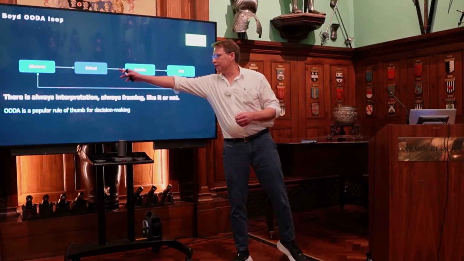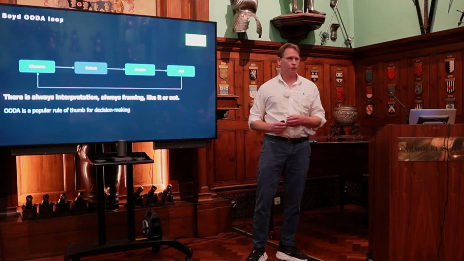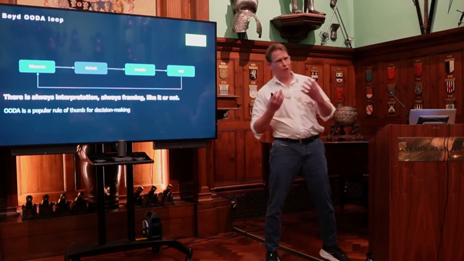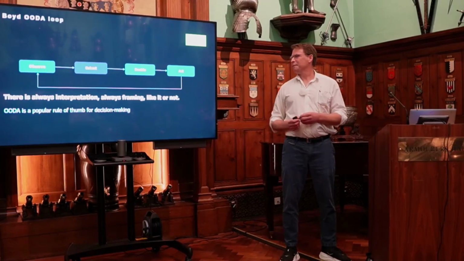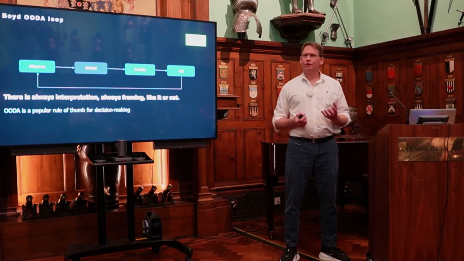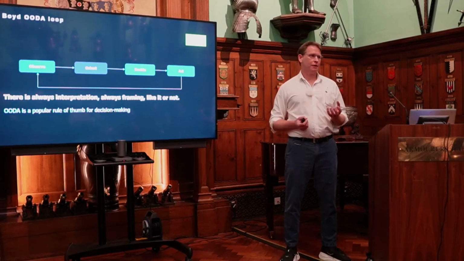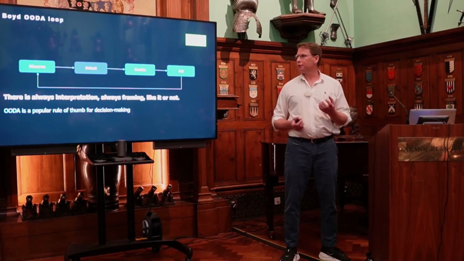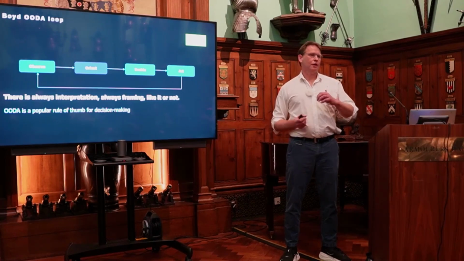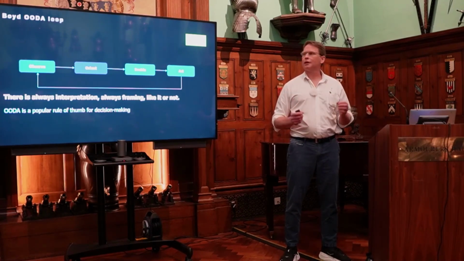Boyd answered the question of what do you do before decide with orient, or orientate. The idea there is you take on board the observation, but you understand that observation in the context of the broader project context, but also of what you're seeking to achieve.